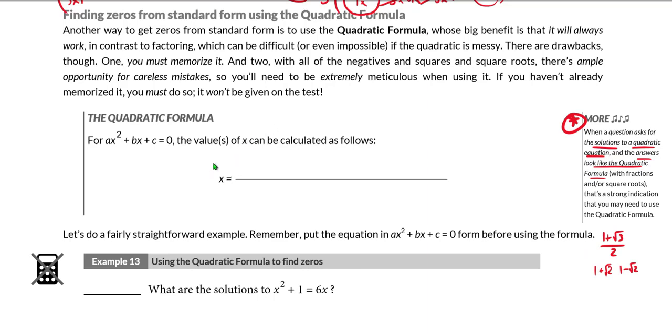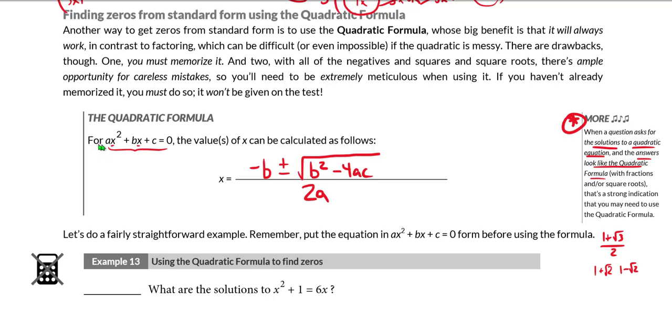So if you want to write the quadratic formula down on your own, go to it. I'm going to write it right now. If we have a quadratic equation, ax squared plus bx plus c equals 0, and we want to find the values of x that satisfy this equation, which again are the roots or the zeros or the x-intercepts, we can use x equals negative b plus or minus the square root of b squared minus 4ac, all over 2a.